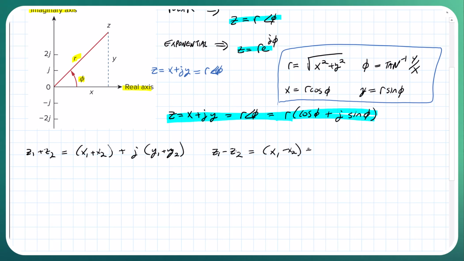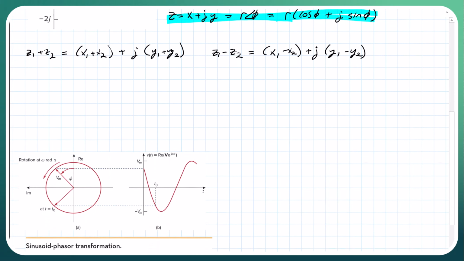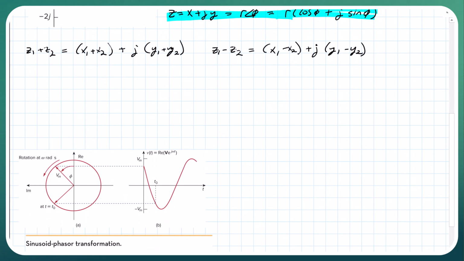If we do multiplication, z1 times z2 is going to be r1 r2, angle phi 1 plus phi 2.